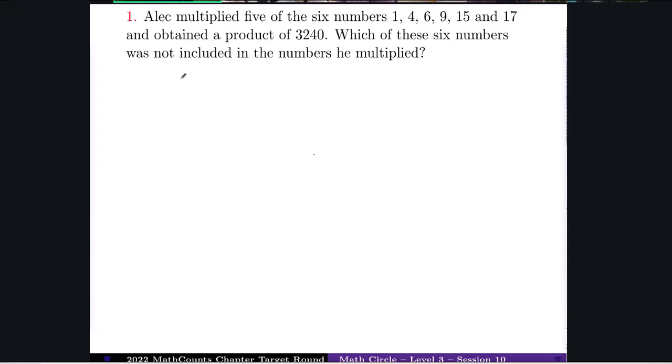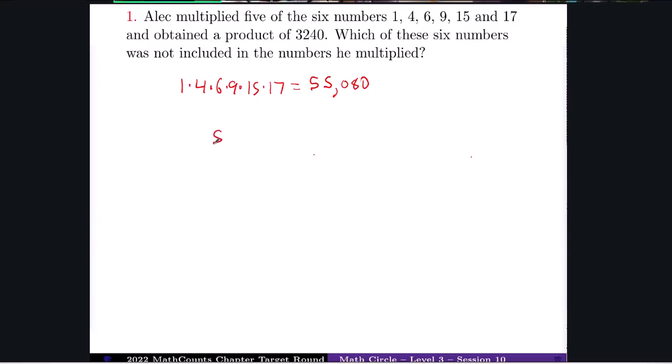If I multiply all these numbers together, 1 times 4 times 6 times 9 times 15 times 17, you'd probably need a calculator to do that, you would get 55080. So this is the product of all the numbers. As someone said, we're multiplying 5 of the 6 numbers together, and we don't know which of the 5.